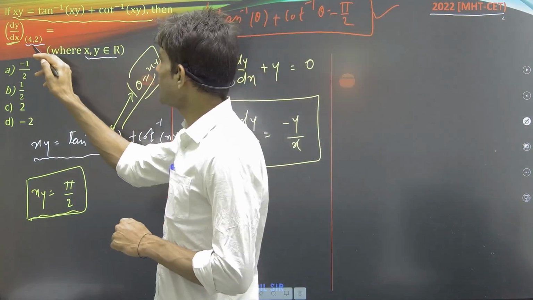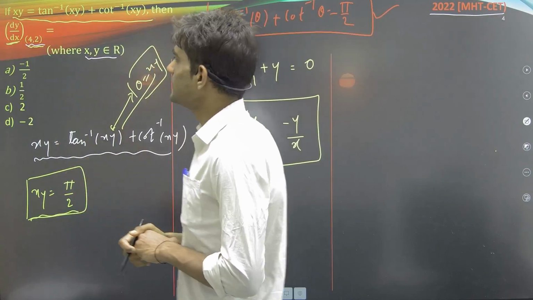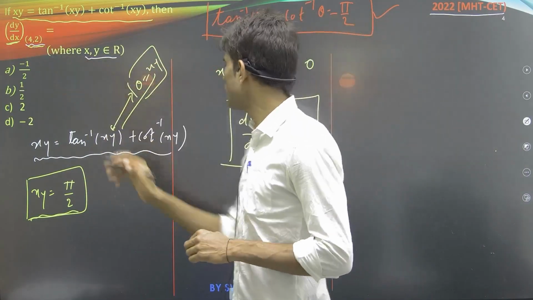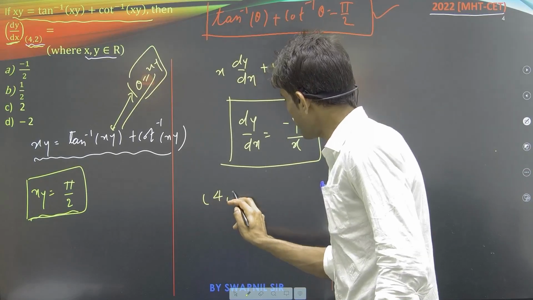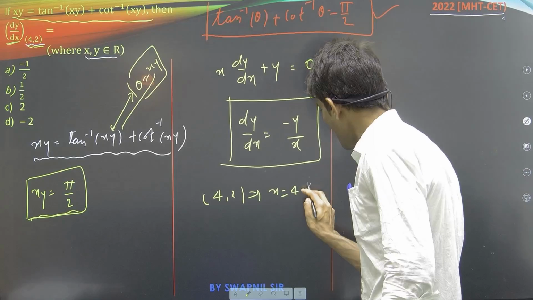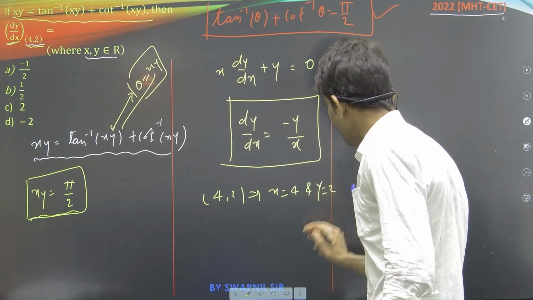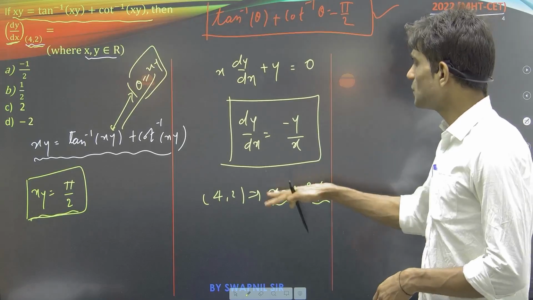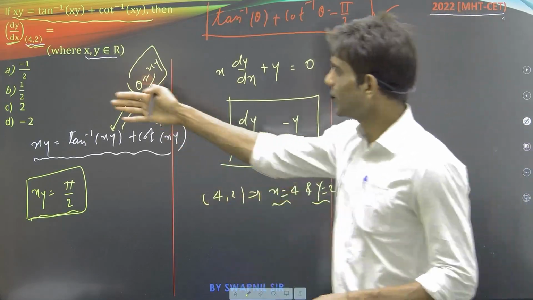But I want the answer when x is 4 and y is 2. The ordered pair (4, 2) given means x equals 4 and y equals 2. Substitute both these values in dy by dx and you will get the required answer.